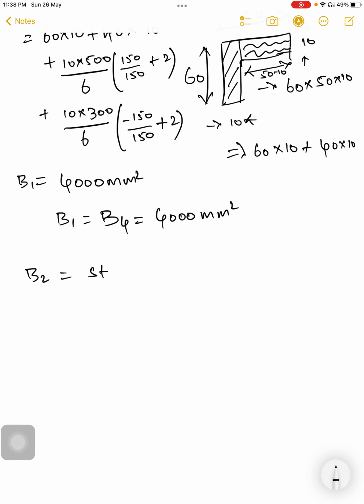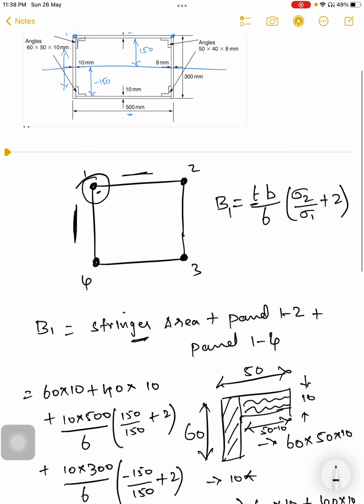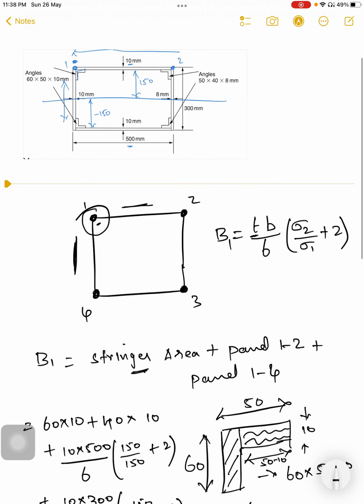B2 equals stringer area, and then panel 2 1 plus panel 2 3. This stringer 2 is connected with panel 2 1 and panel 2 3.